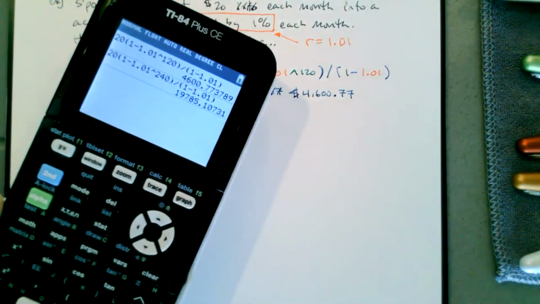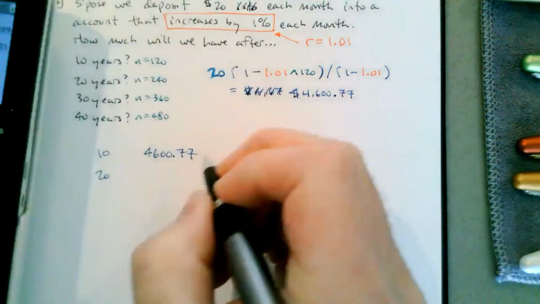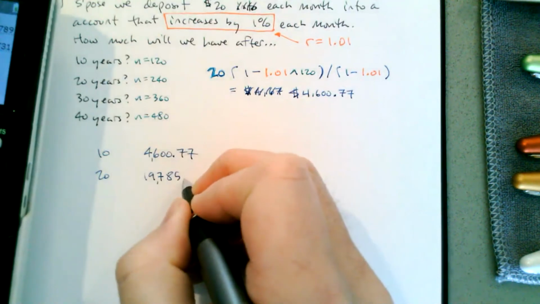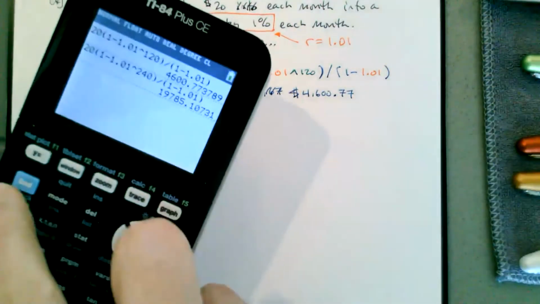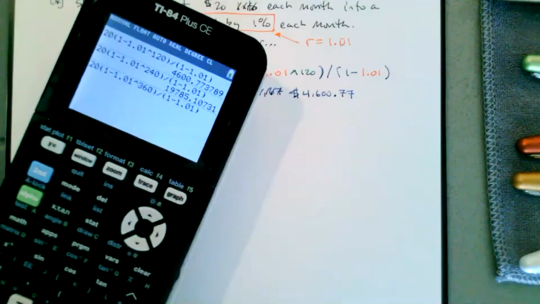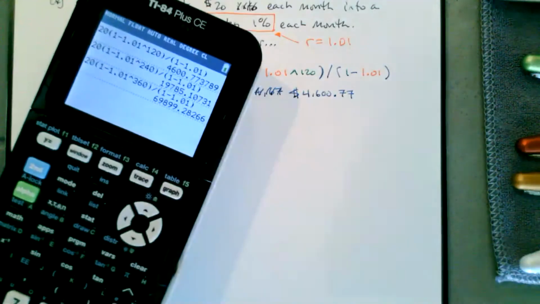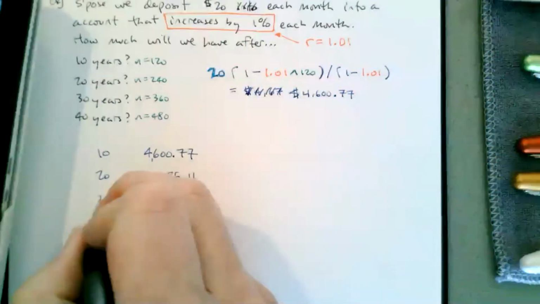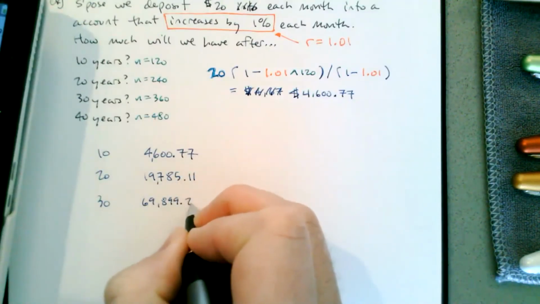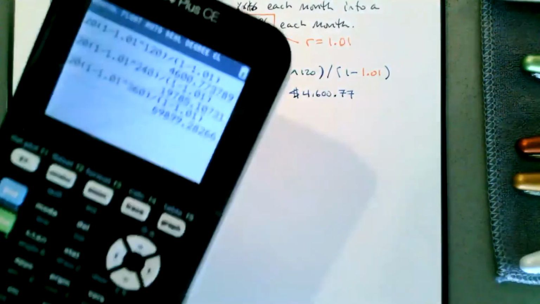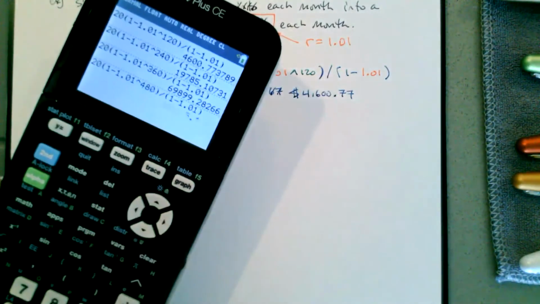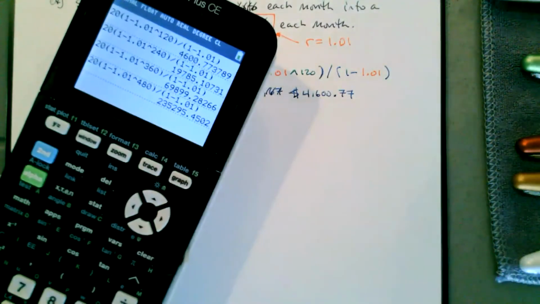So that's 19,785.11. And then we'll go back for 360: 69,899.28. And then for 40 years, 235,295.45.